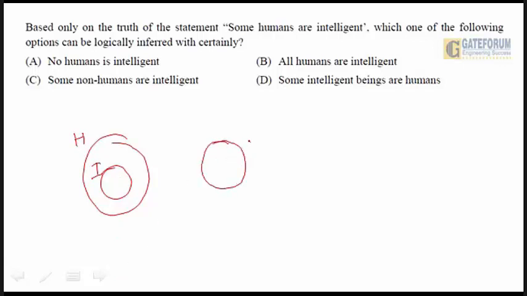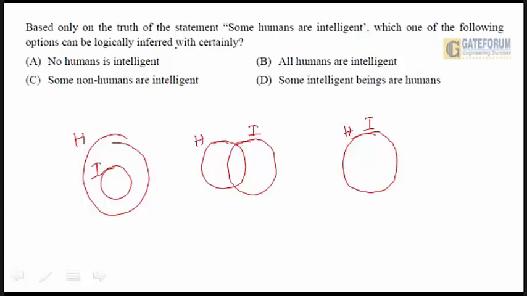This could also have been a representation. Since some can be 100%, this could also have been, with the same circle being both humans as well as intelligent, a very correct representation of some humans are intelligent.